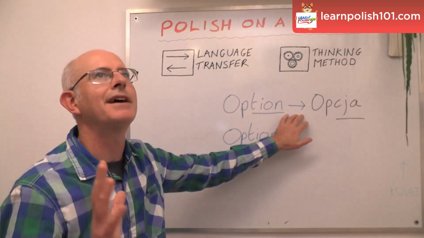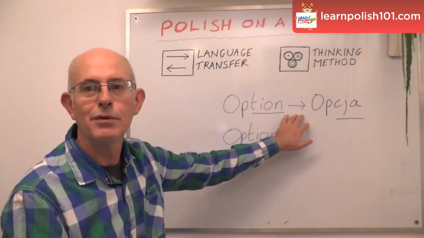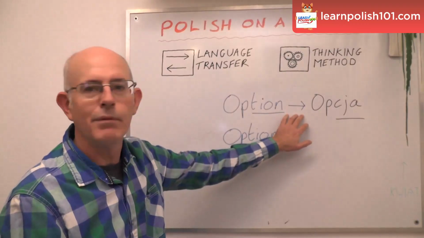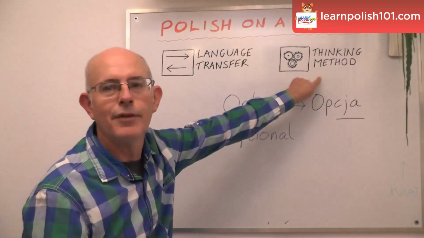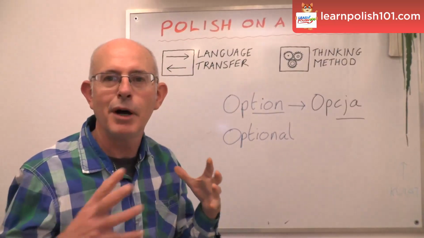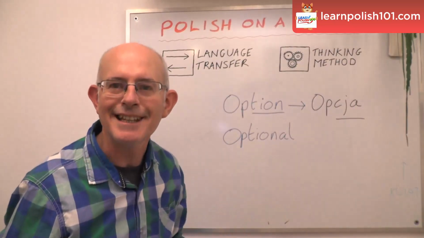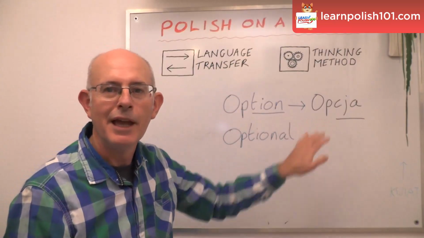There are words out there that you haven't even thought about yet, which you already know. So when you come across them and suddenly think, a -tion word, there's where the thinking method comes in. You will think that Polish word into existence in your head simply by following the transfer rule.